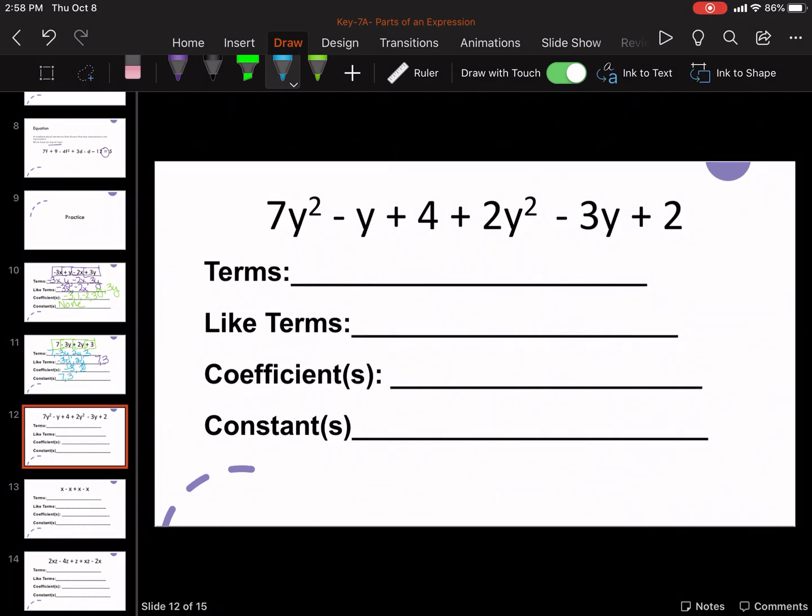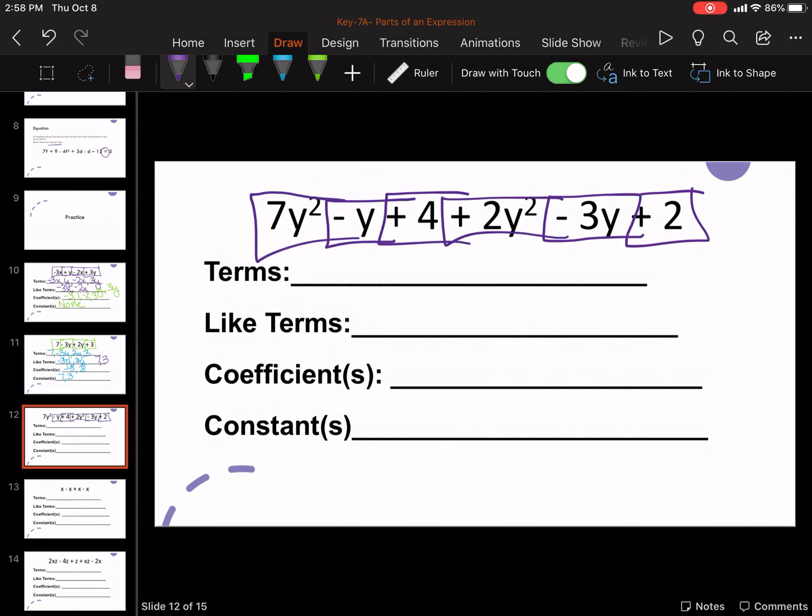Okay, try this one on your own and then come back and check it. Train it up, train it up, choo, choo. So 7y squared minus y, 4, 2y squared, -3y, and 2.